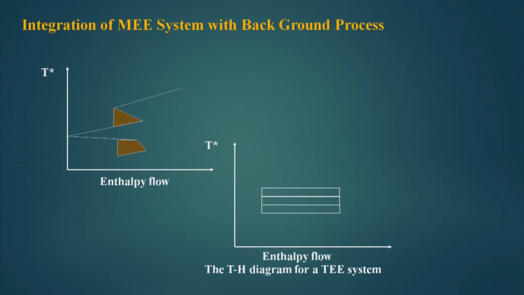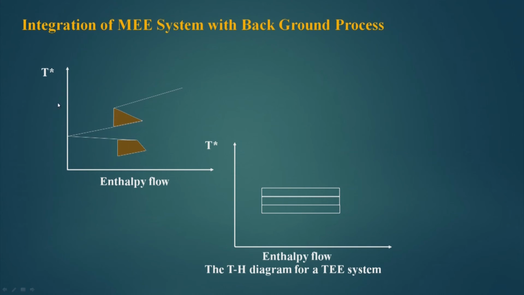Now, let us talk about the integration of MEE system with background process. Up till now, we have learnt how a multiple effect evaporator will look like at different operating conditions. So, we know the shape of it. Now, it can be integrated into a background process.